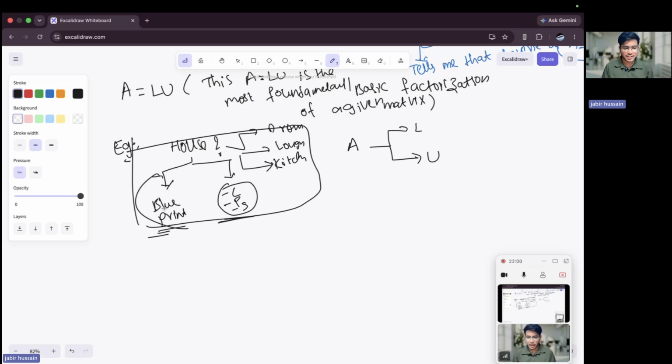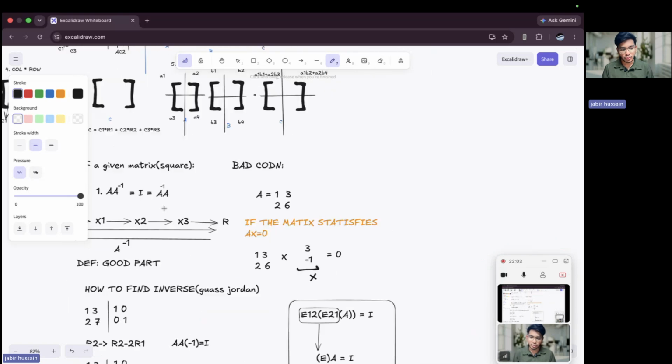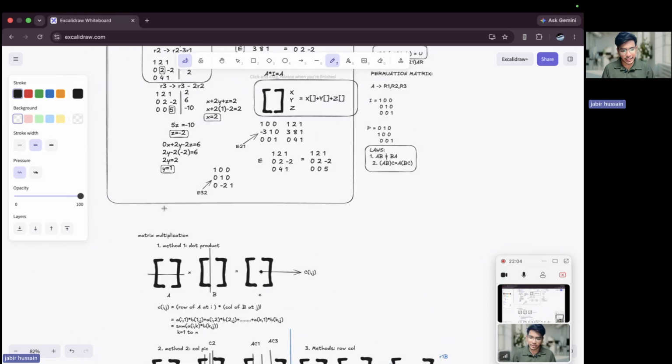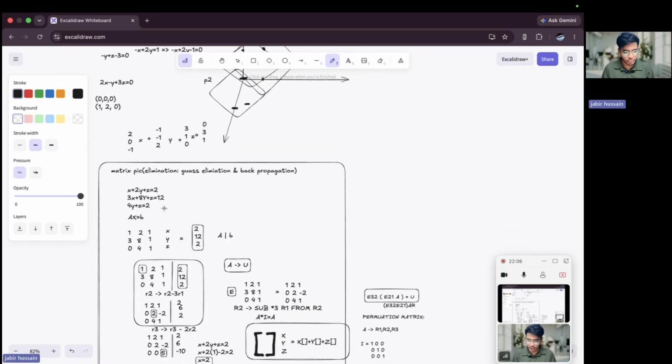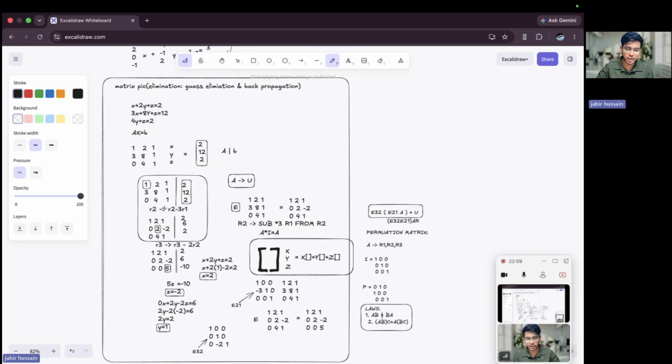Now, let's go back to our first lecture. I hope you remember Gaussian elimination. In Gaussian elimination, what did we do? That is my main question, and if you tell me, I can guarantee you'll understand LU factorization.